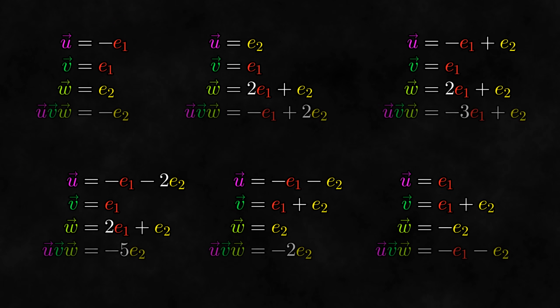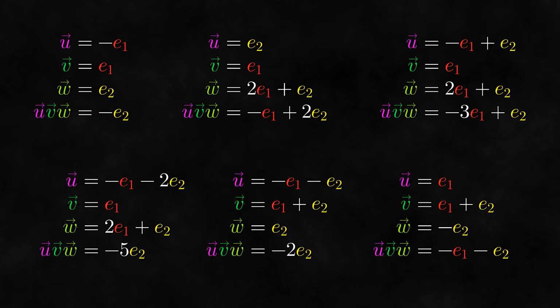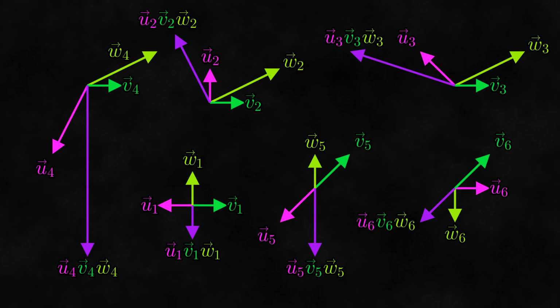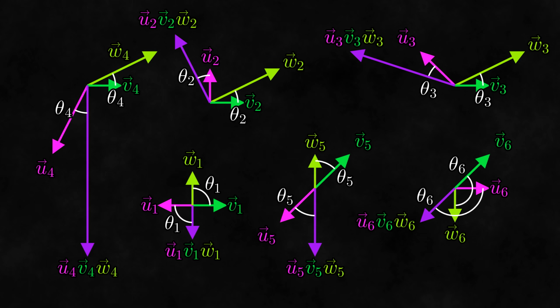Here are all of the products algebraically. Before we look at them graphically, let's put subscripts on all of the variables to keep track of them. Now, here are all of the vectors drawn graphically. The thing I wanted you to notice is that in each set of four vectors, the angle between v and w is the same as the angle between u and uvw.